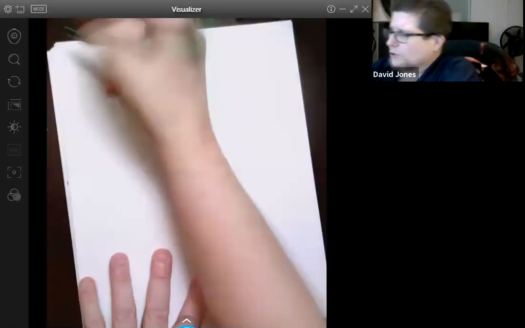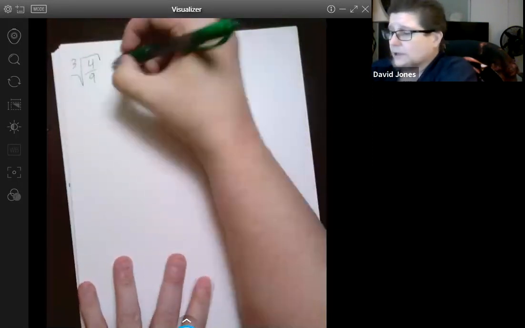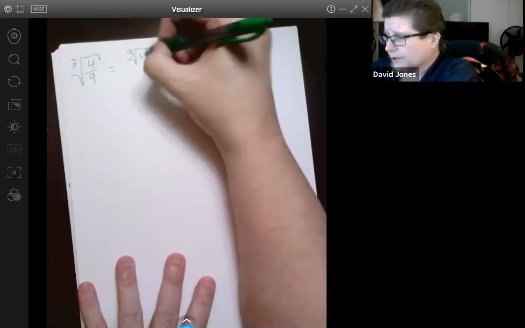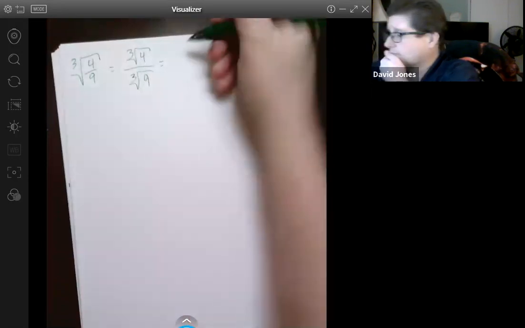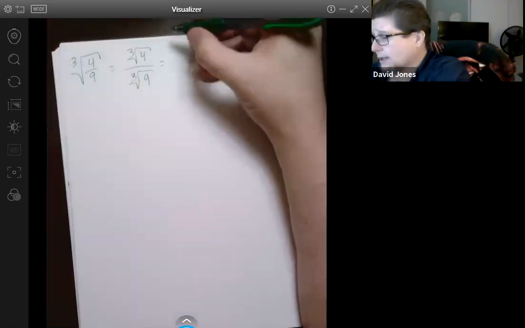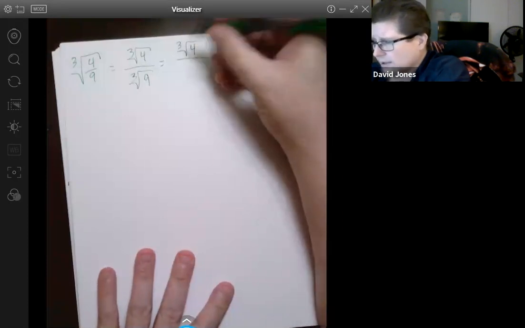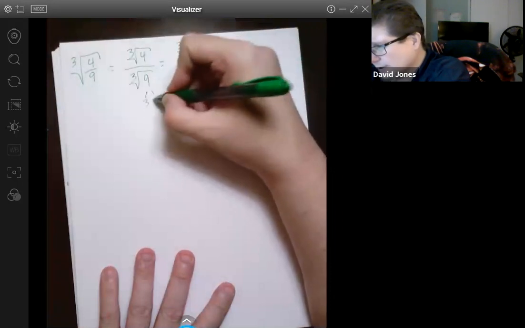Let's do the cube root of 4/9. This is the cube root of 4 over the cube root of 9, which is the cube root of 4 over 9 is 3 squared.